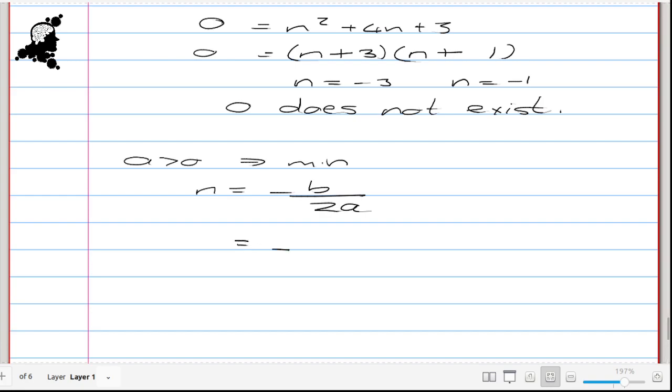This is going to give you negative 4 over 2 into 1, and this is going to give you negative 1. Once again, the value of n is negative, so the minimum does not exist.